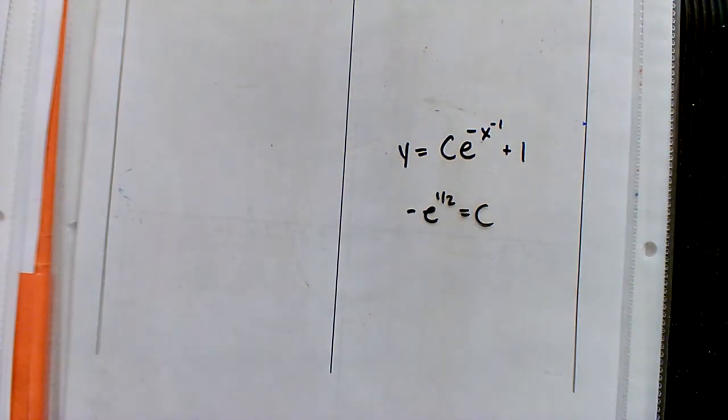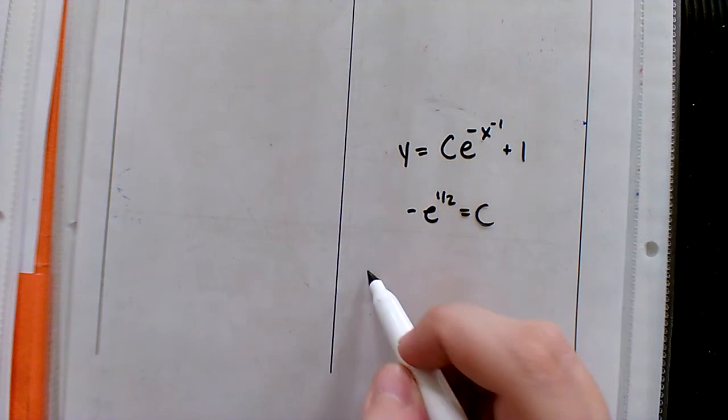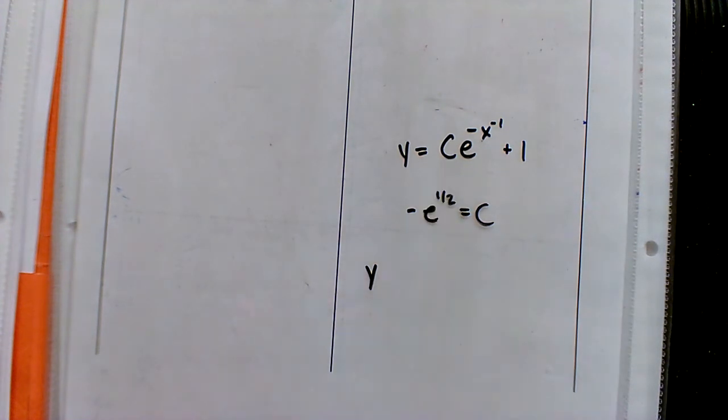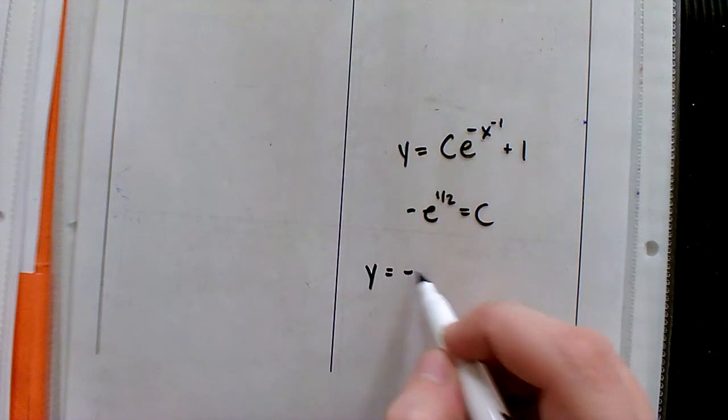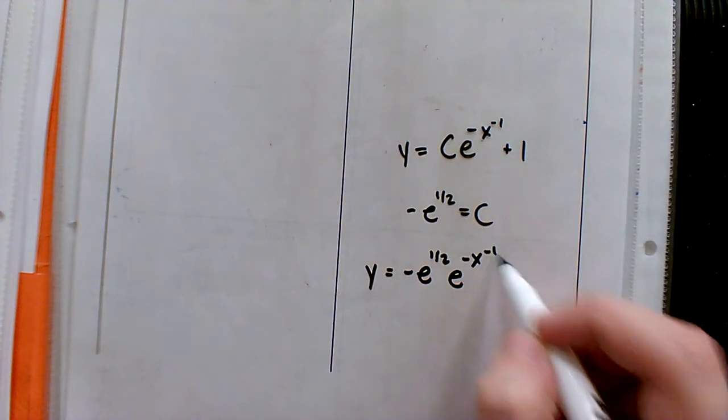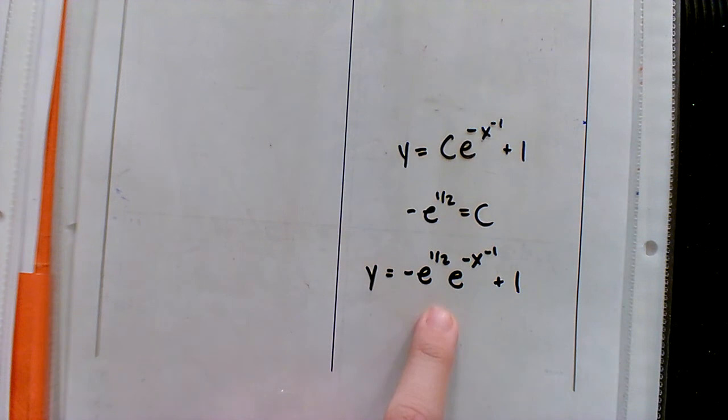Okay, but now that we know what c is, we can substitute it back in to figure out the particular solution. So I just want to make sure that we understand what this final solution would look like. If we take this c value and substitute it back in for c in the general equation, we would get something that looks like this.